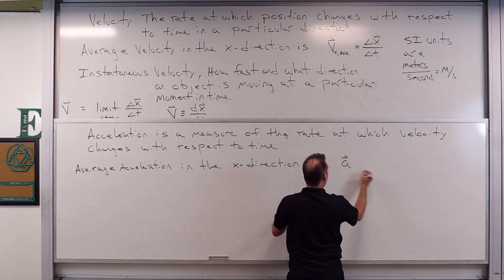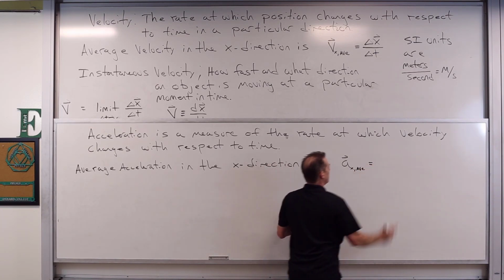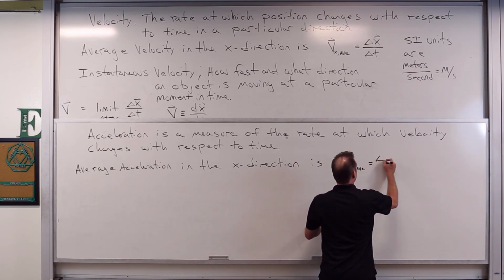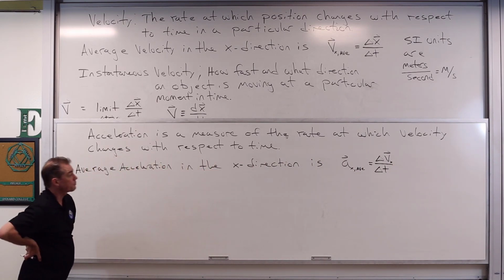a hat sub x sub average is, well, it's the rate at which velocity changes with respect to time. So if we're talking about an average, we look at delta v sub x divided by delta t.